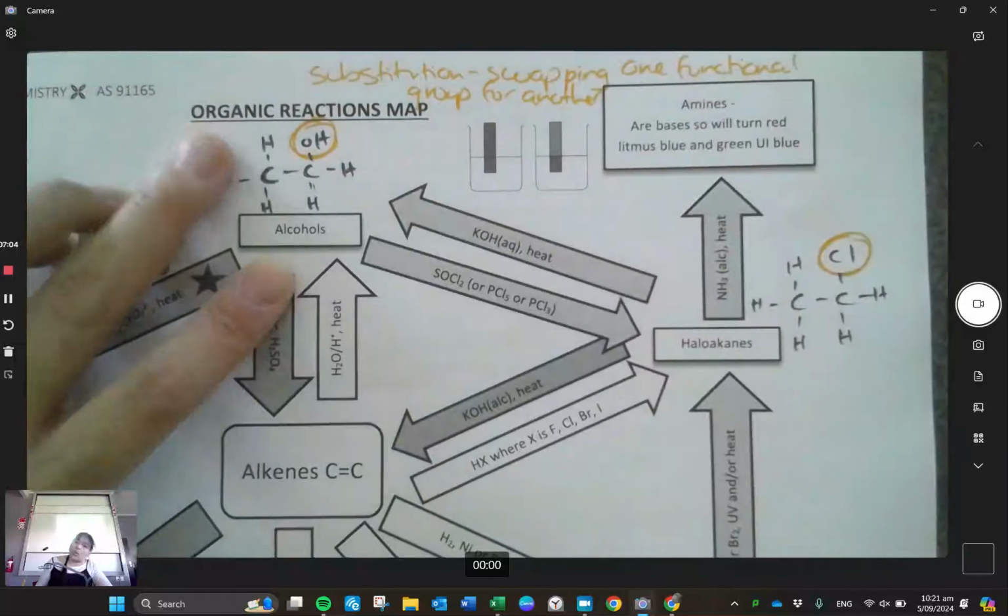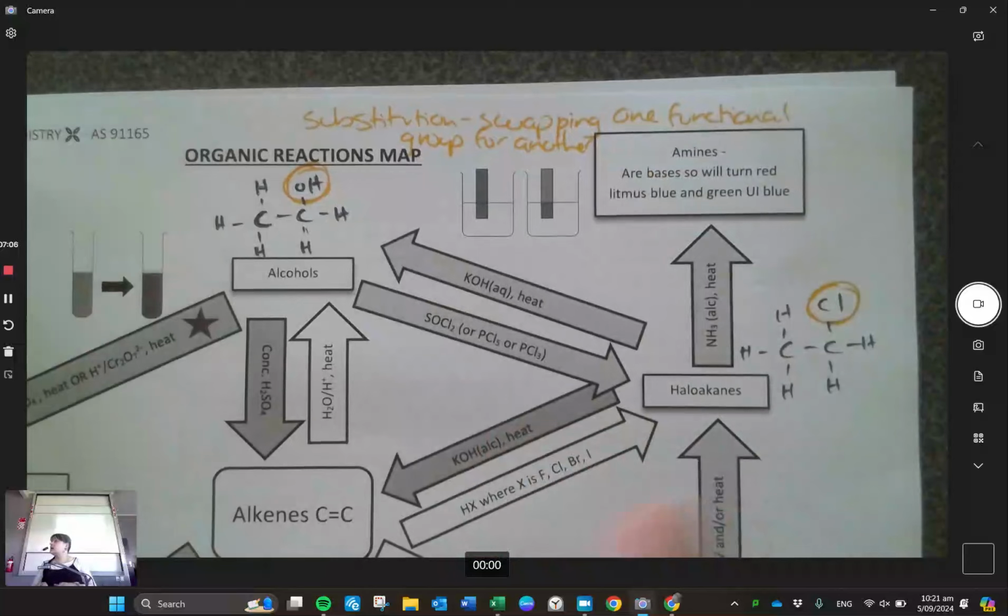So we're swapping out one functional group for another. Are we okay so far with that idea? Substitution.